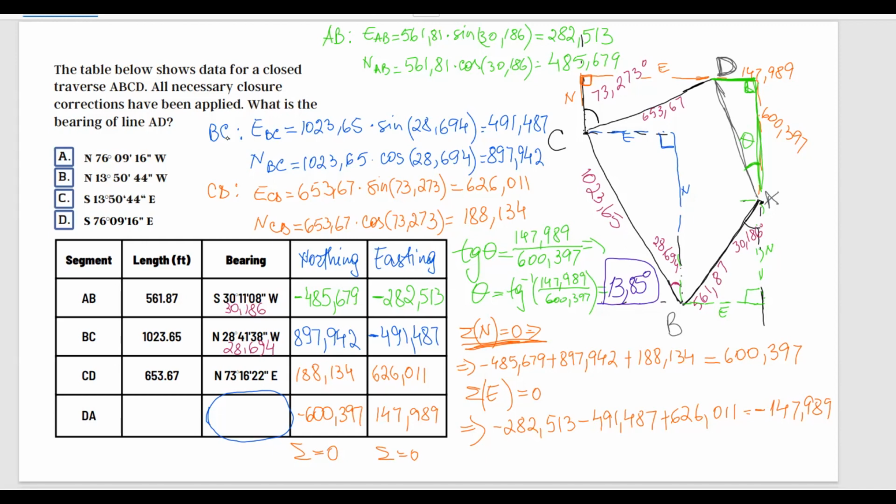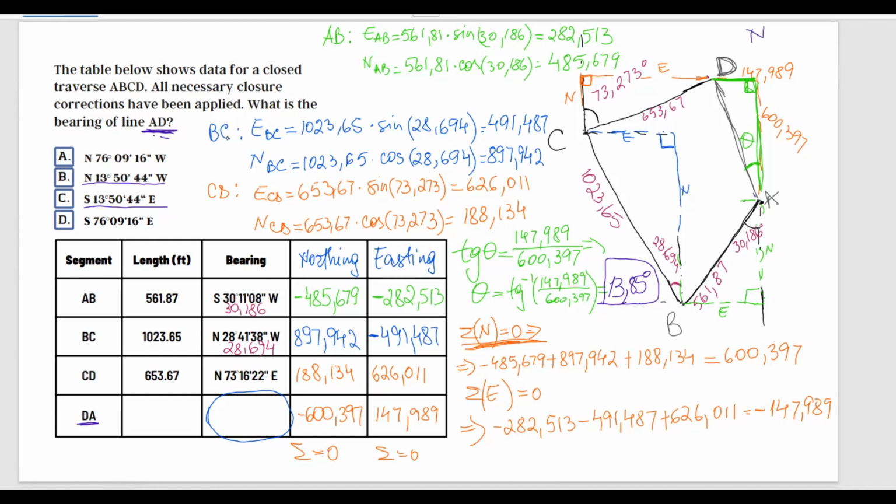Let's first figure out if it's northwest or southwest, because we have two values with 13, northwest and southeast. We are asked, what is the bearing of line AD? So AD, not DA, okay? Because it's different for AD and DA. So AD, it's very important, pay attention to the question and the problem. AD now, the bearing is going to be north, right?